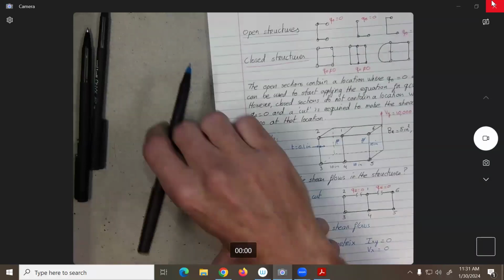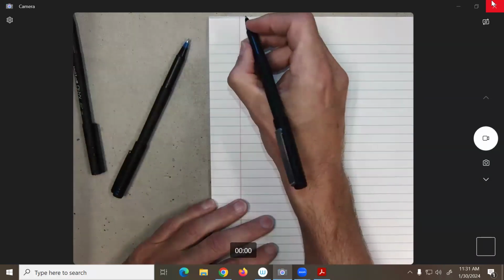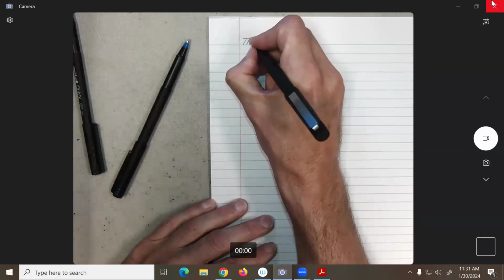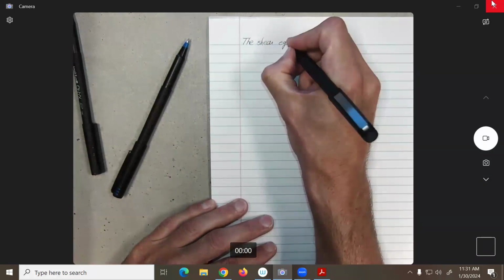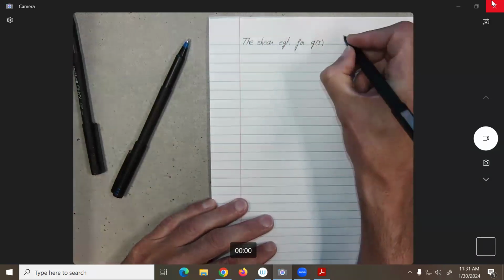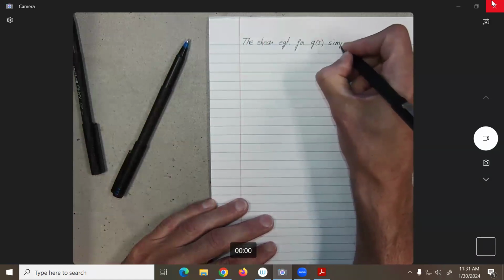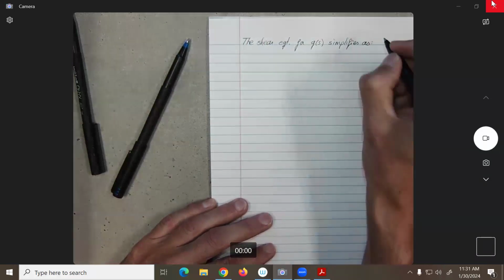So the previous equation, let me go to the next page. The shear flow equation for Q sub S simplifies as what?